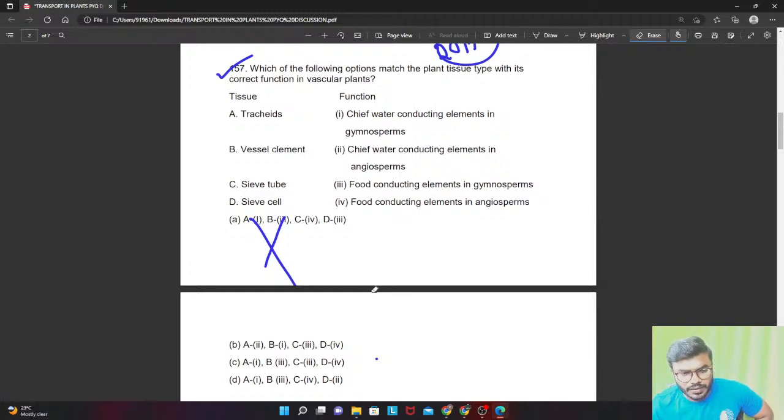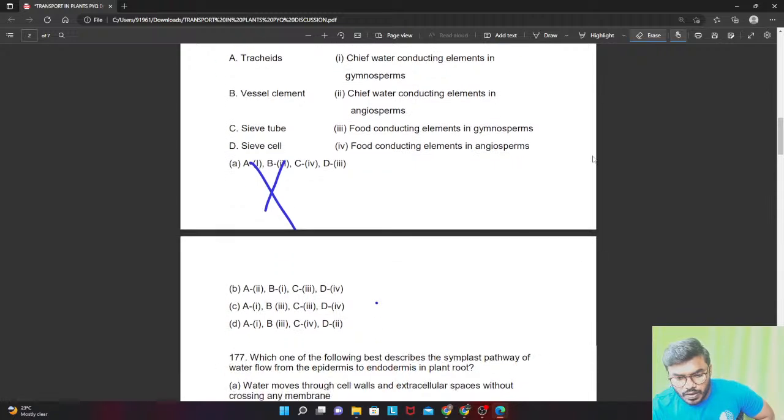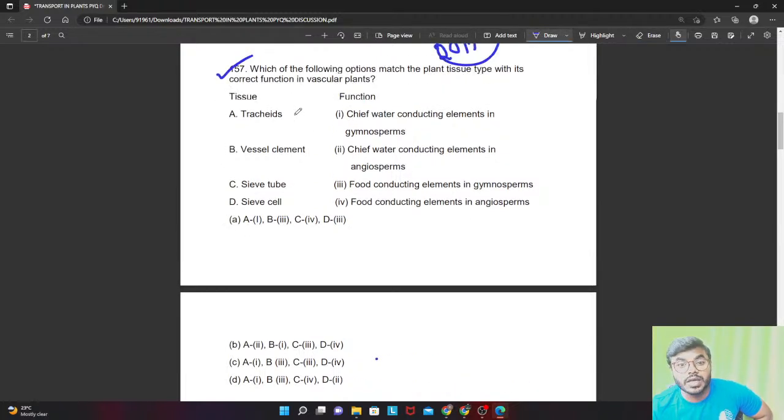C4. Okay, you can see, right friends, how simple and direct the question is.